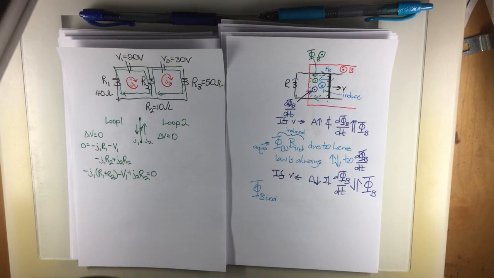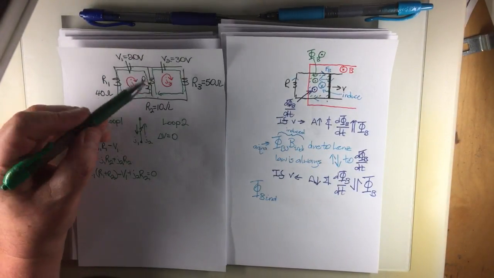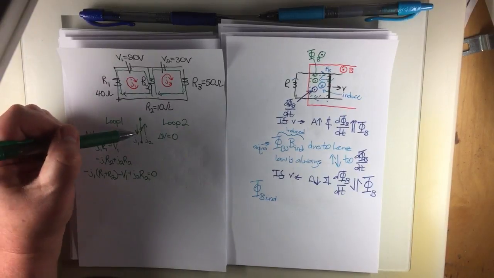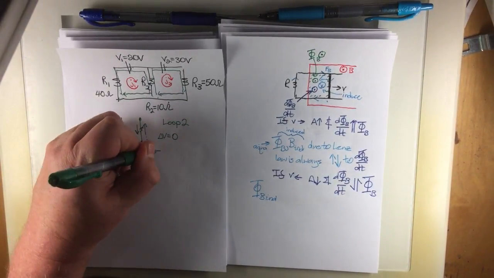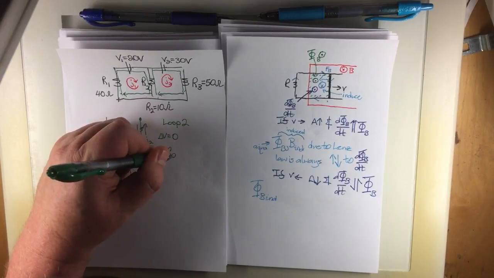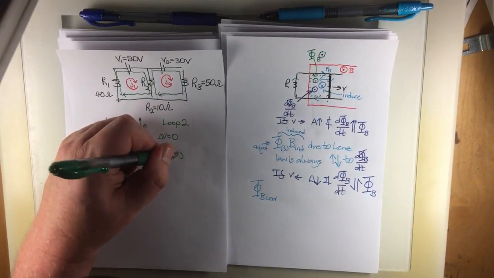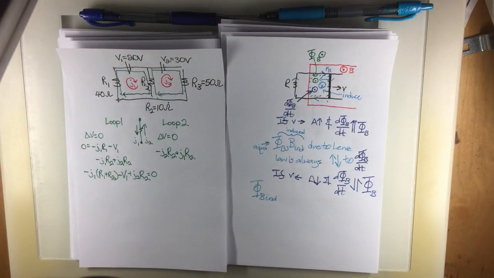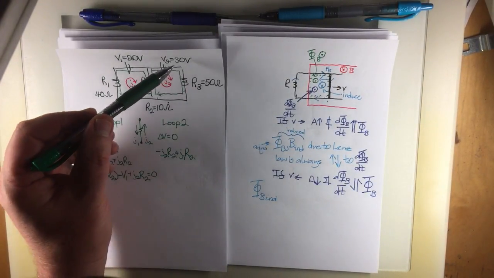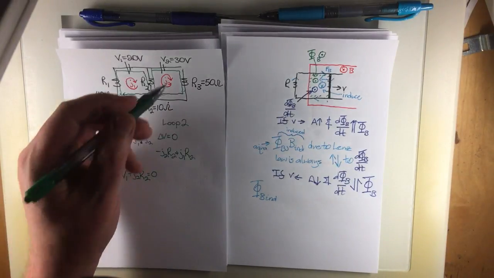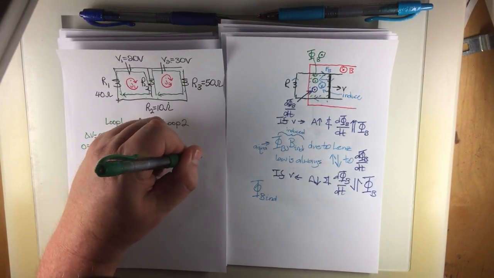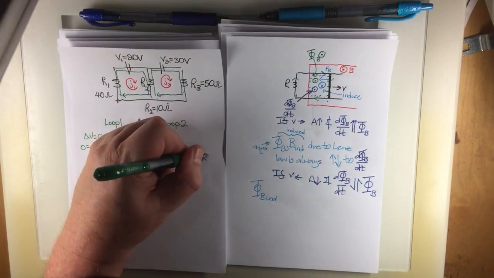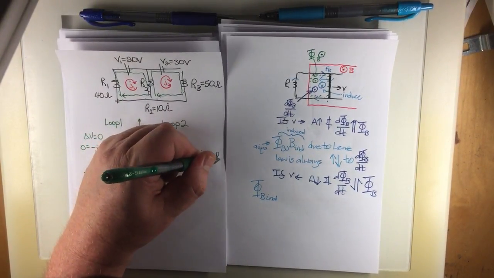For loop 2, you start from there to there. You're going from bottom to top. You're going with J2 but against J1. So this is minus J2 R2 and plus J1 R2. I then go from positive to negative across a second battery, V2, so minus V2. I then go with the current J2 across R3, minus J2 R3.